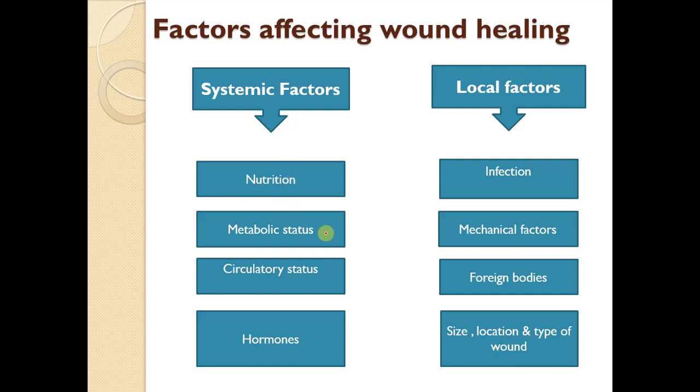And in case of the metabolic status, for example, in diabetic patients, their metabolic status is disturbed, so the healing is delayed. In case of circulatory insufficiency, blood doesn't reach properly to the wounded area. As you know, the blood carries the important nutrients and cells towards the wounded area, which are important in healing.